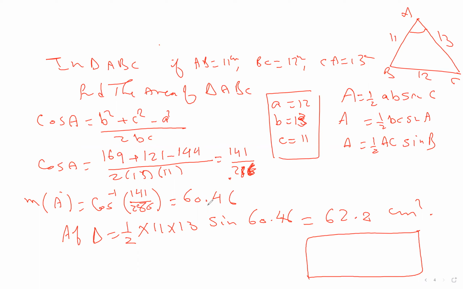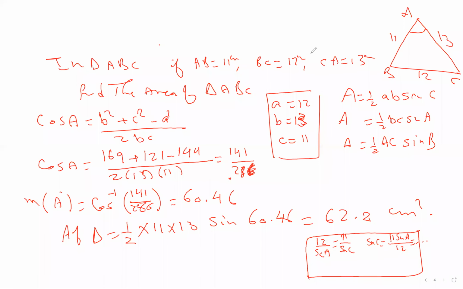But it is easier to use the sine rule, which is 12 over sine A equals 11 over sine C, so sine C will be 11 sine A over 12, and you can find it. And the third angle, you can find by subtracting the sum of these two angles from 180. Okay?